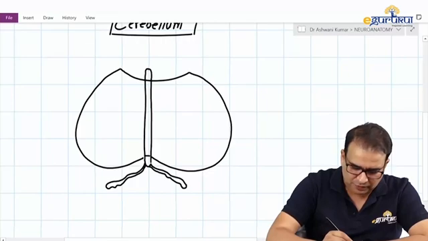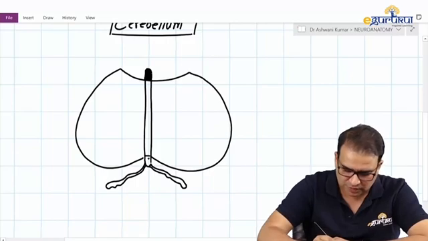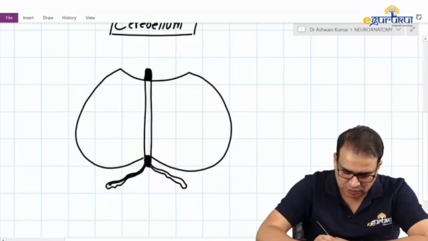So look at the part which I'm making dark here, this portion, that's the rostral part of the vermis, and this is the caudal part of the vermis here. Along with this, an extension coming from this caudal part is called the flocculus.